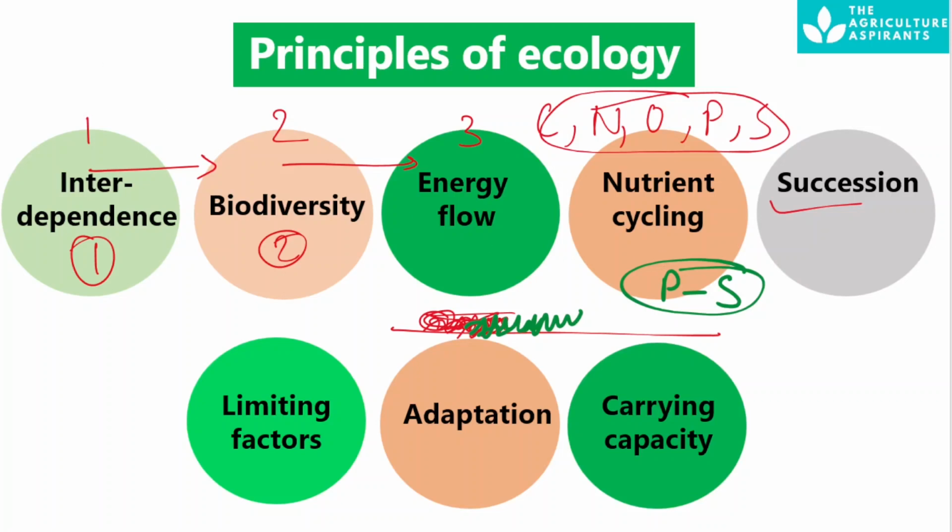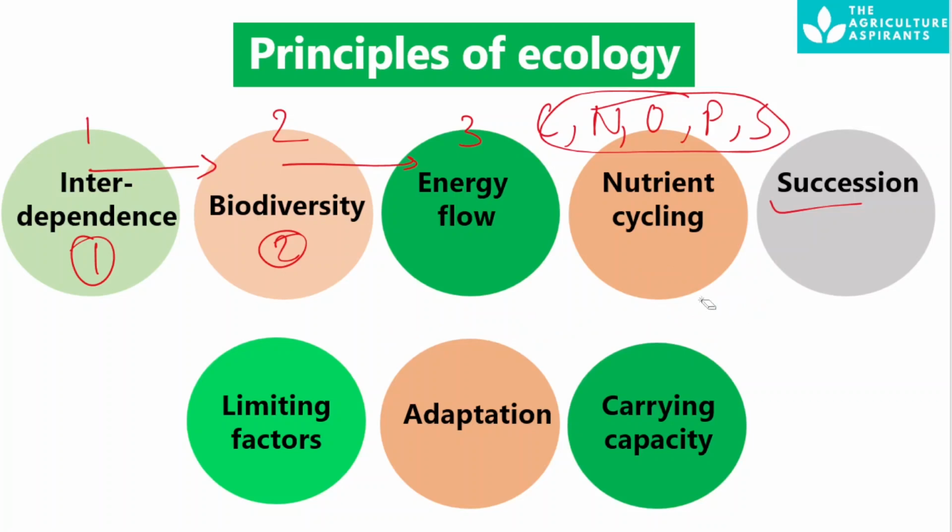Okay, so I hope it is clear to you, all about succession. If you don't have any doubt, because these are the basic concepts and you have to organize this. I have organized all these principles. So I hope you are getting the idea of how to write and what to write. This is all about succession.